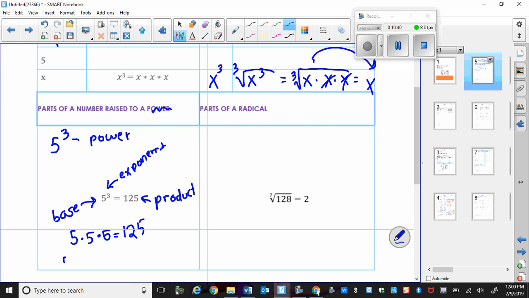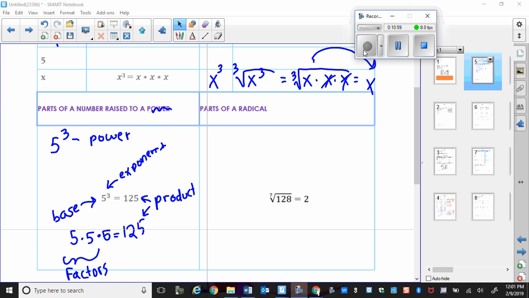And all of these 5s are called factors. Numbers that multiply to a number are called factors. In each way, we produce the product.